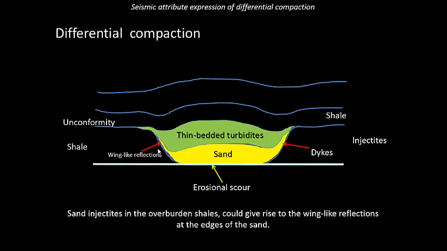The dikes or sills could be somewhere in the range of 25-30 meters thick, but what you need to notice here is the differential compaction has altered the shape of the sediments above, as you see here. So that's strictly the effect of differential compaction here.